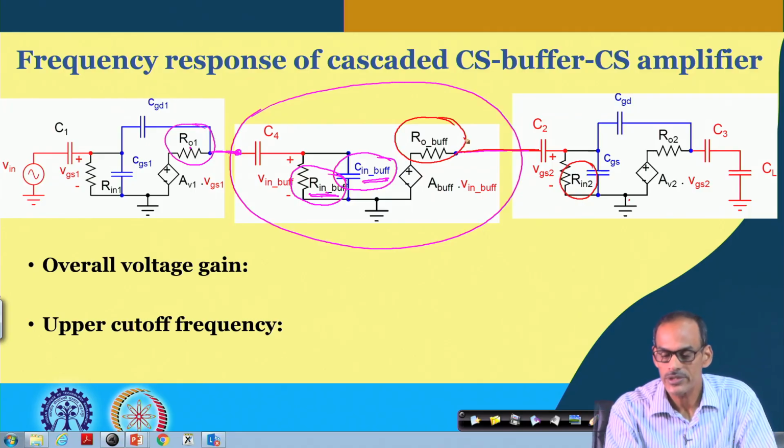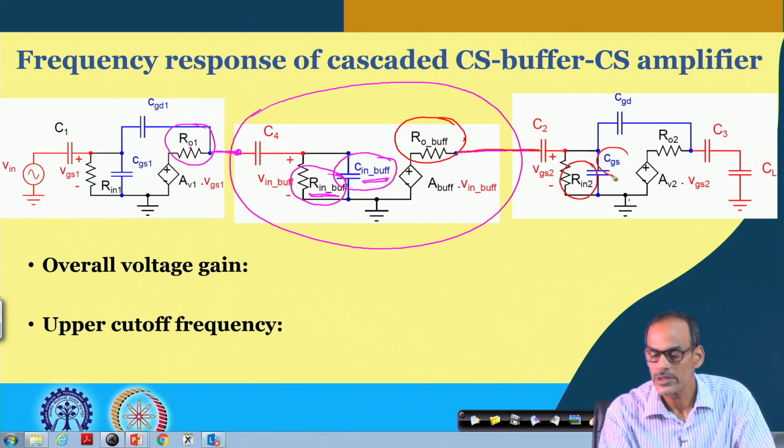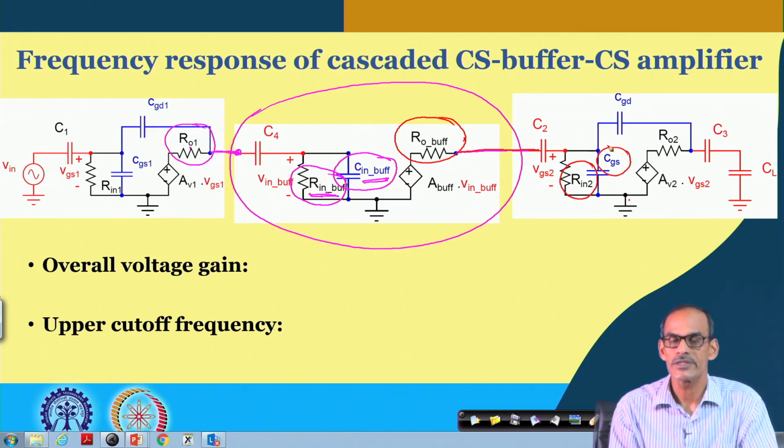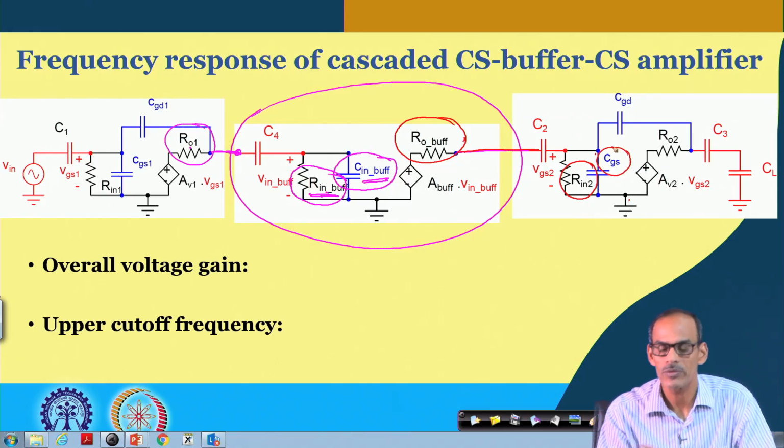On the other hand, if this resistance is as small as possible, even if we have a decent amount of CGS and CGD and the input capacitance coming from the second stage, still the effect can be almost ignorable.